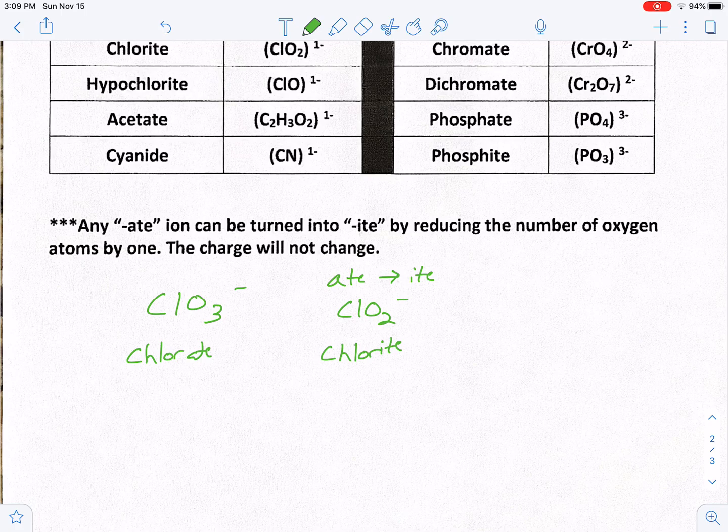Okay, so let's take another example. Phosphate, so PO4 with a 3- charge. So this is phosphate. Now, if we lost an oxygen, so PO3 with a -3 charge, this is now phosphite.